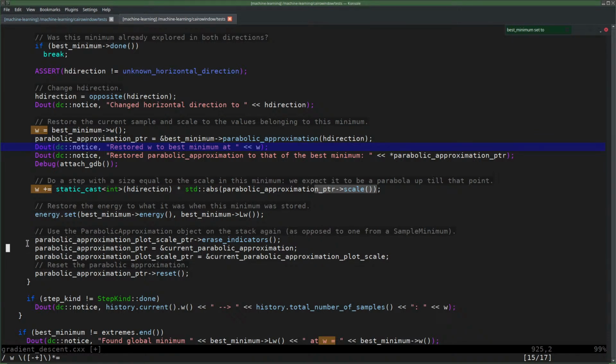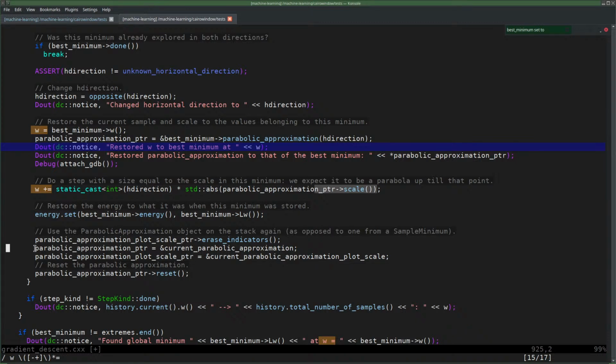Well, theoretically I would still be on it. But yeah, we're going away from it. Might as well forget about it. We're not going to the vertex of this parabola. So it's reasonable to reset it here.